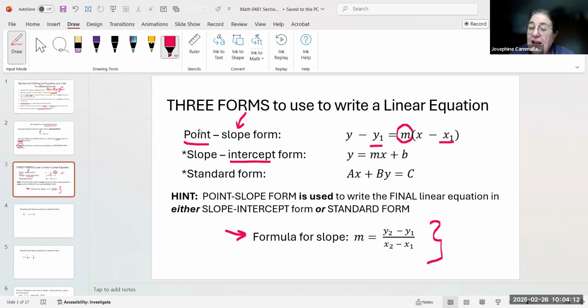But you're also going to find that they're going to ask you to write the equation in what we call standard form, which is ax plus by equals c. Now, let's show you. We're going to start writing equations in standard form.